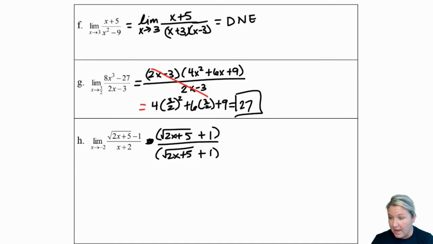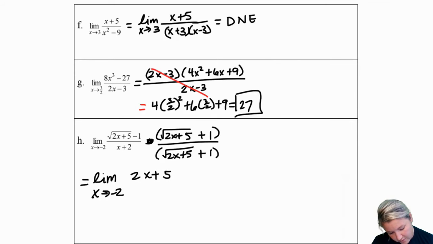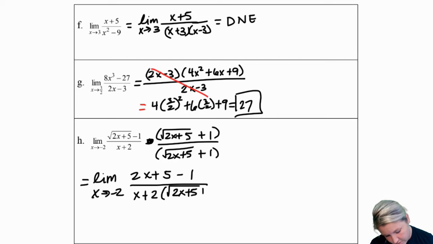So then I'm going to end up with the limit as x approaches -2 of 2x plus 5 minus 1, divided by x plus 2 times the square root of 2x plus 5 plus 1.